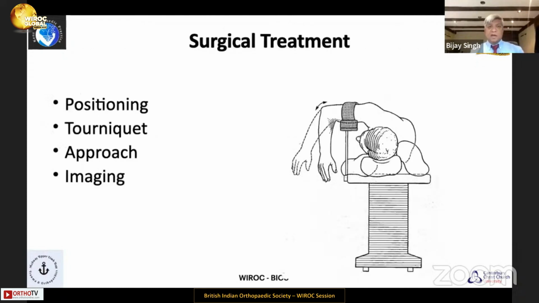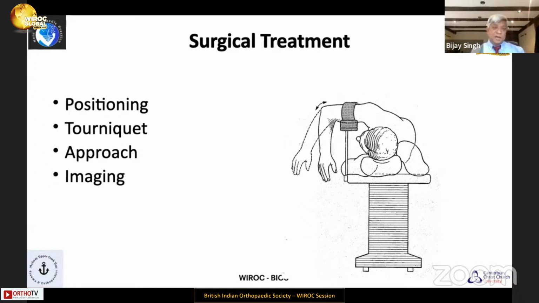Surgical treatment is probably indicated in a lot of these patients, especially the ones which are displaced. Positioning, I generally tend to do them in a lateral position, although it can be done prone, but your anesthetist will not be very happy with the prone position.